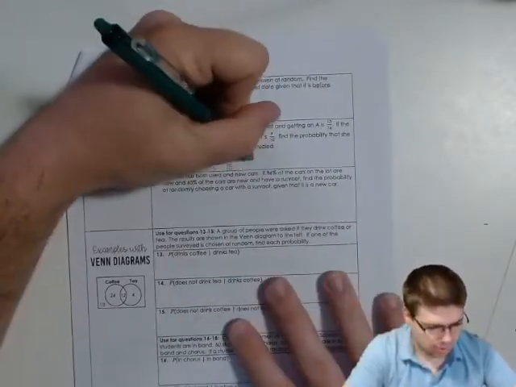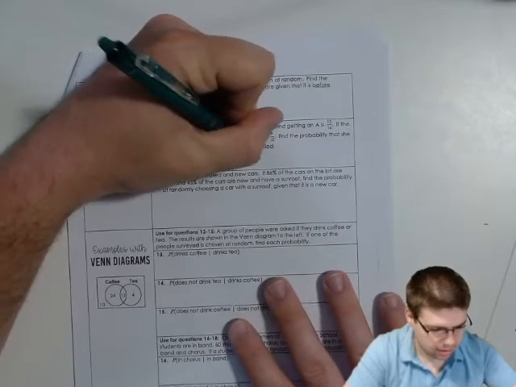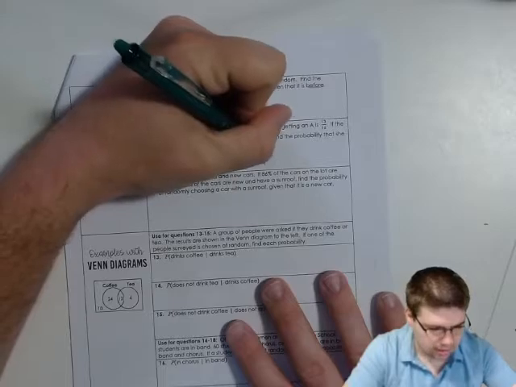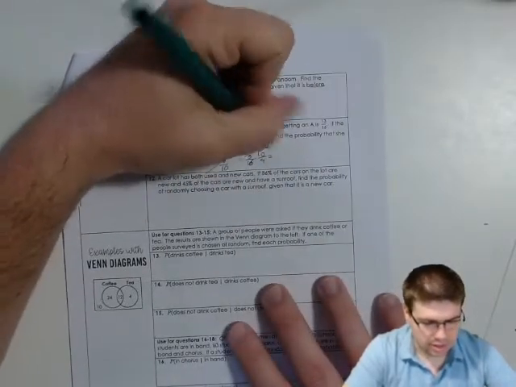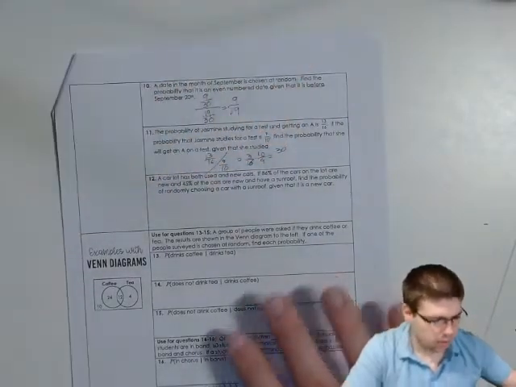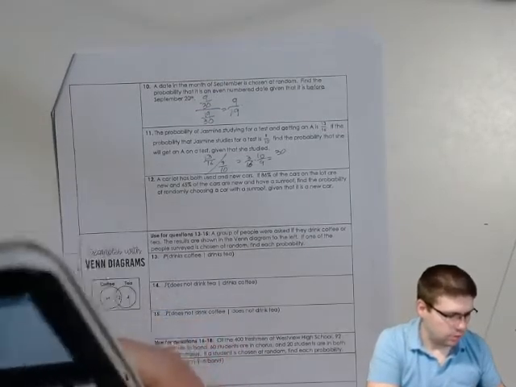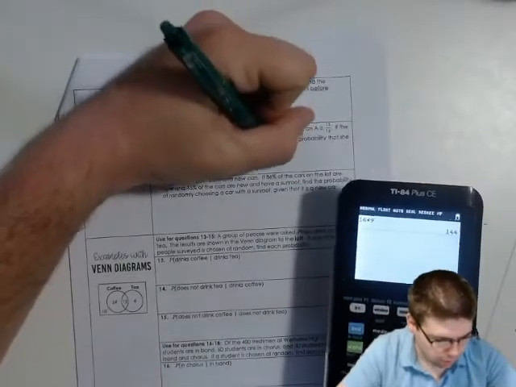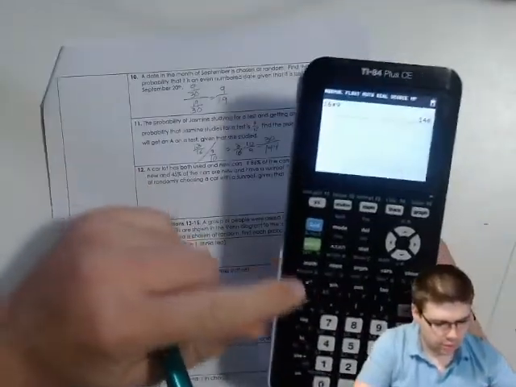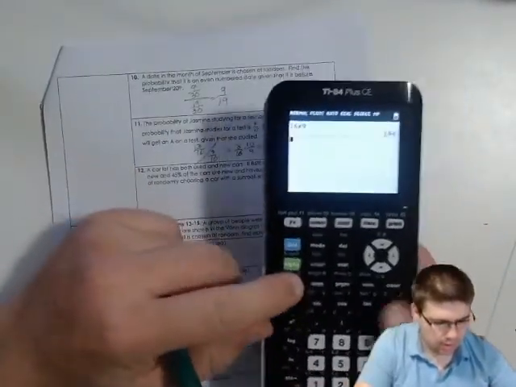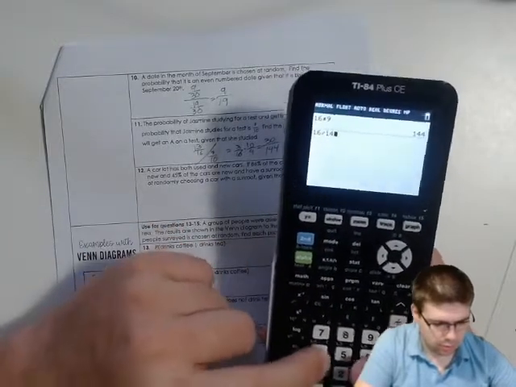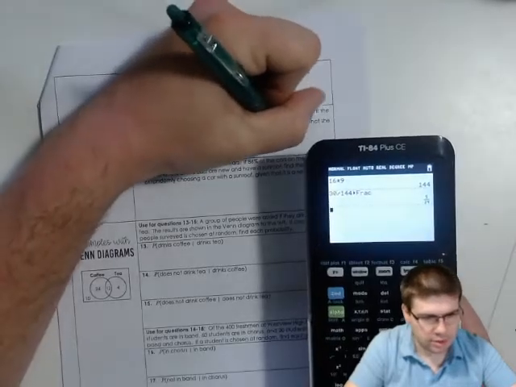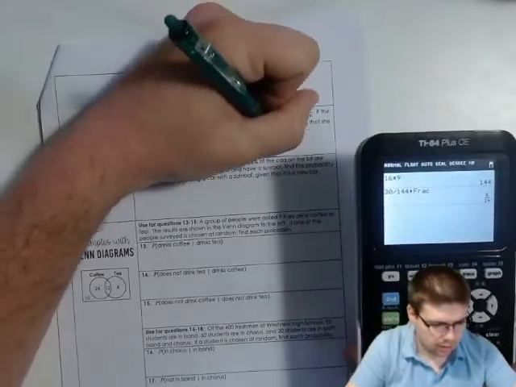So if we want to leave it as a fraction and do this by hand, we can do 13/16 times 10/9, right? And so this ends up being 130 over 16 times 9, 144.